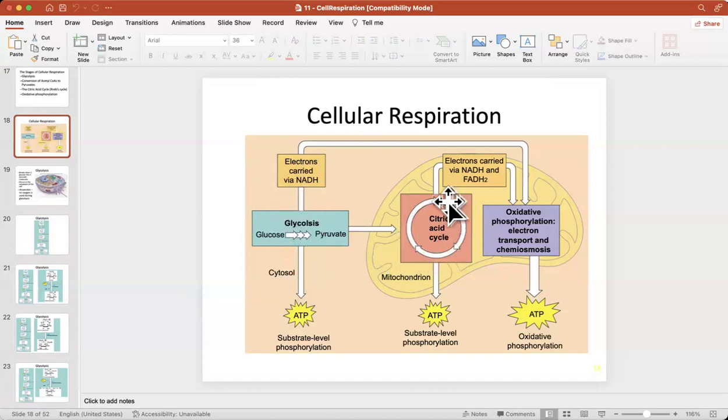The second, the citric acid cycle, and the third, oxidative phosphorylation, both happen in the mitochondria. So that's why 95% of the ATP comes from mitochondria. The first, glycolysis, only produces 2 ATPs. So the second and the third together produce 36. So most of the ATP actually comes from mitochondria.